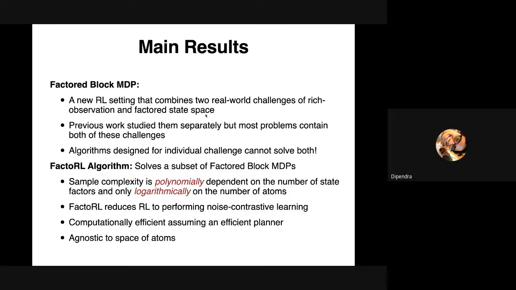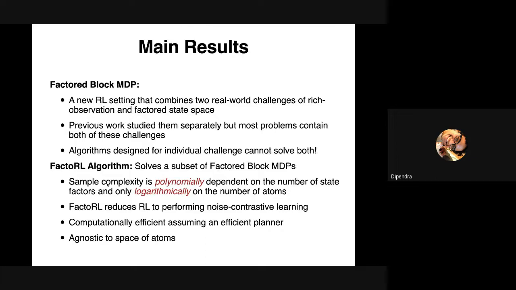The challenge with that approach is that the algorithms designed for one challenge do not elegantly generalize to the other. So there is a need for studying them together. We make a first dent in this direction by proposing a new setting called factored block MDP, and we propose an algorithm called factorial, which solves a subset of factored block MDPs.